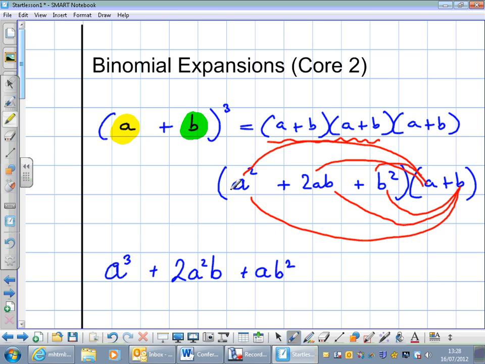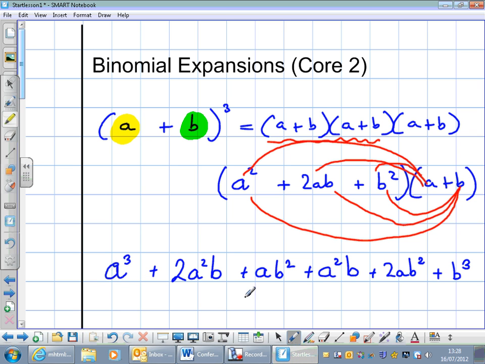Now I'm going to multiply by the b. b times a squared is plus a squared b. Notice, put them in order alphabetically. b times 2ab is plus 2ab squared. And plus b times plus b squared is plus b cubed.